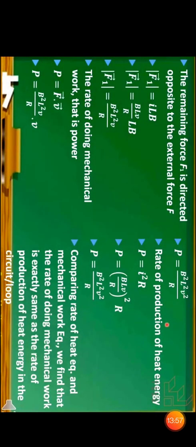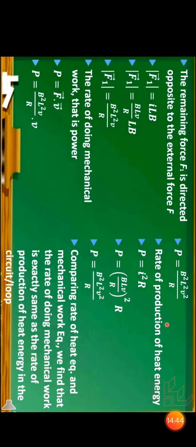Here BLV upon R is nothing but the value of I. Therefore, mod of vector F1 is equal to B square L square V upon R. The rate of doing mechanical work, that is power, P is equal to vector F into velocity vector V. Then P is equal to B square L square V upon R into V. Then we get the power equation P is equal to B square L square V square upon R.